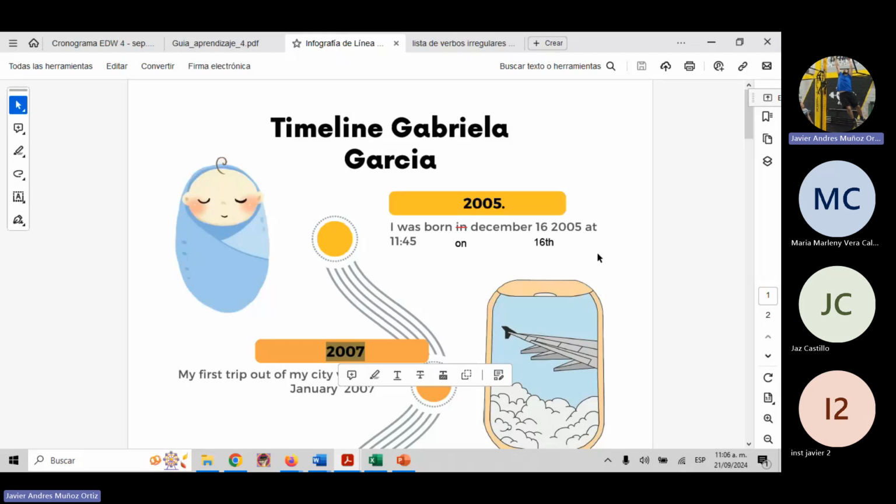To do that, we need to study the simple past tense. And before that, we need to understand an important topic related to activities, actions, or in terms of grammar, verbs.